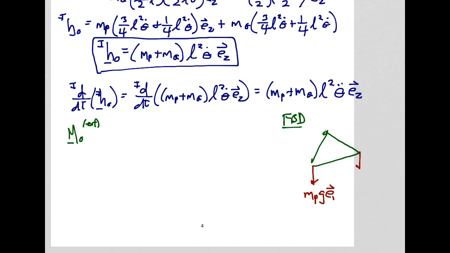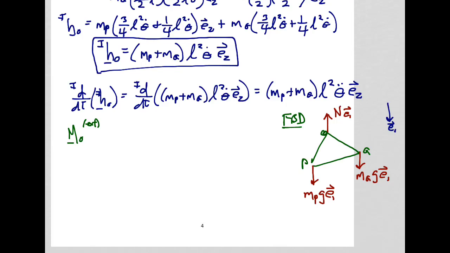We're going to have the mass of Q times gravity, and this is also in the E1 direction because, recall, E1 was pointing down, and then we also have a constraint force that we'll call N in the E1 direction. And so this is the point O, there's point P, and there's point Q.